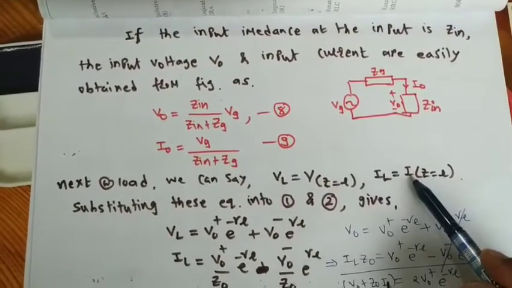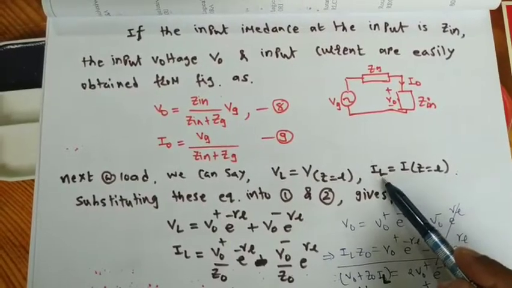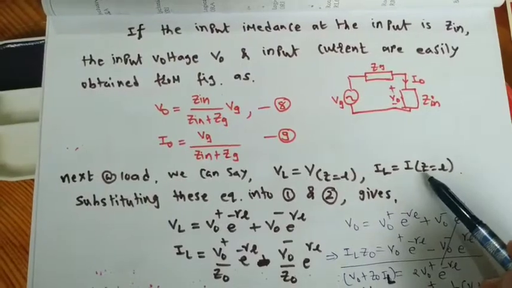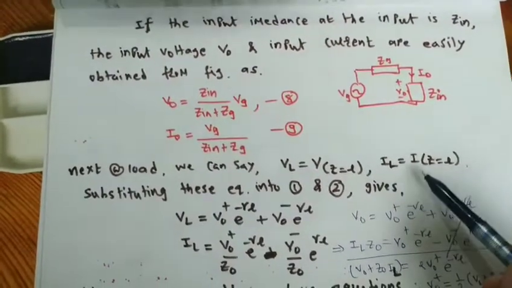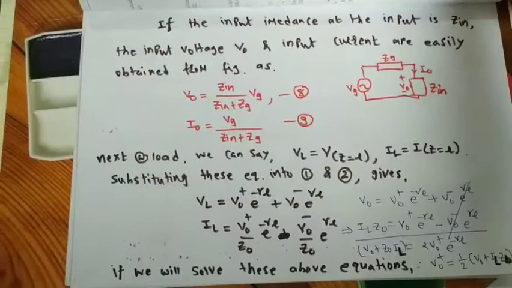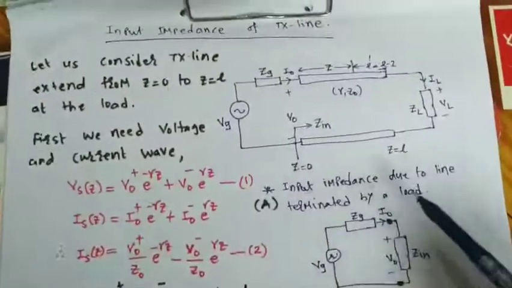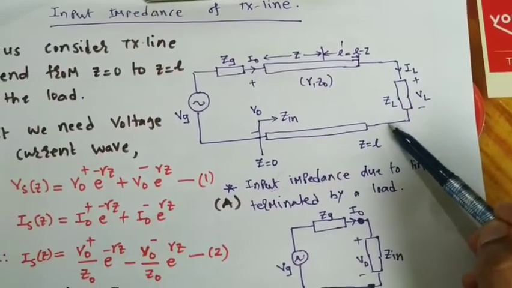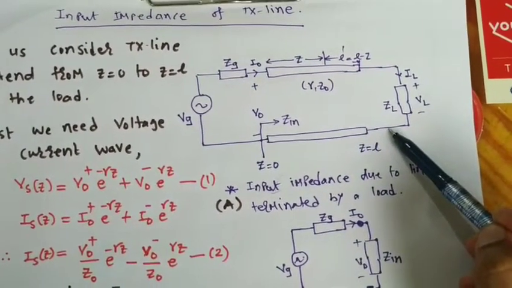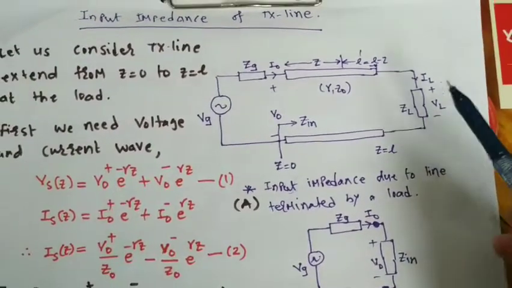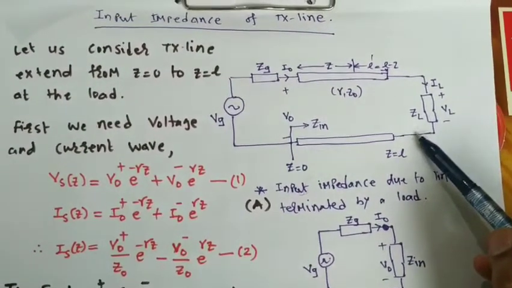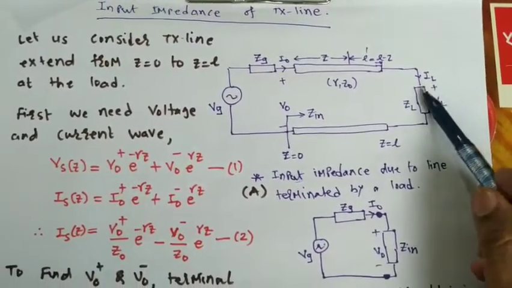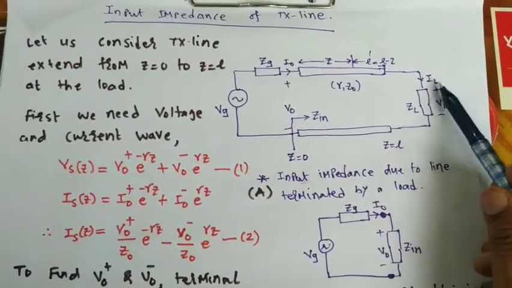In the same way, the current flowing through the load is IL, at length z equal to L. This is the same thing I explained in my first slide: at this point we are trying to find the voltage and current, where the voltage at z equal to L is VL and the current flowing is IL.